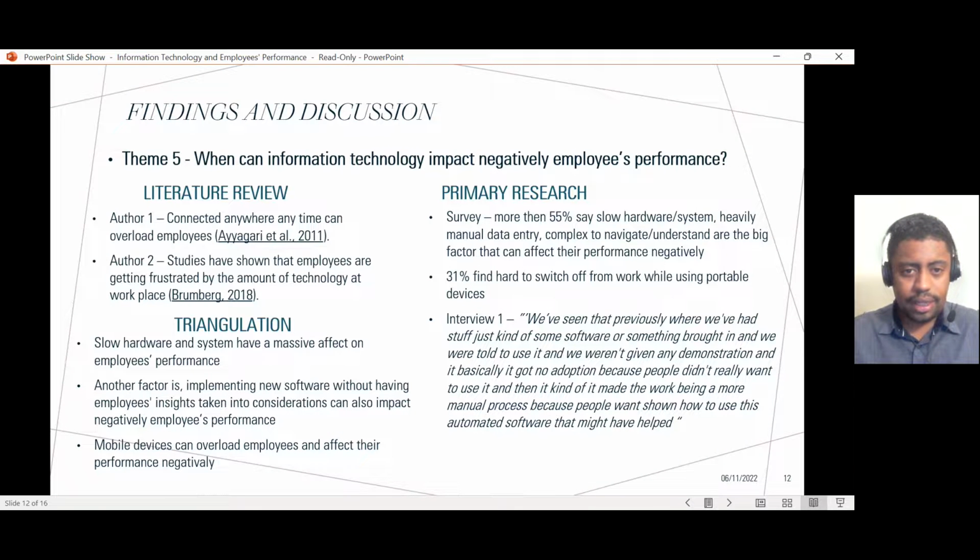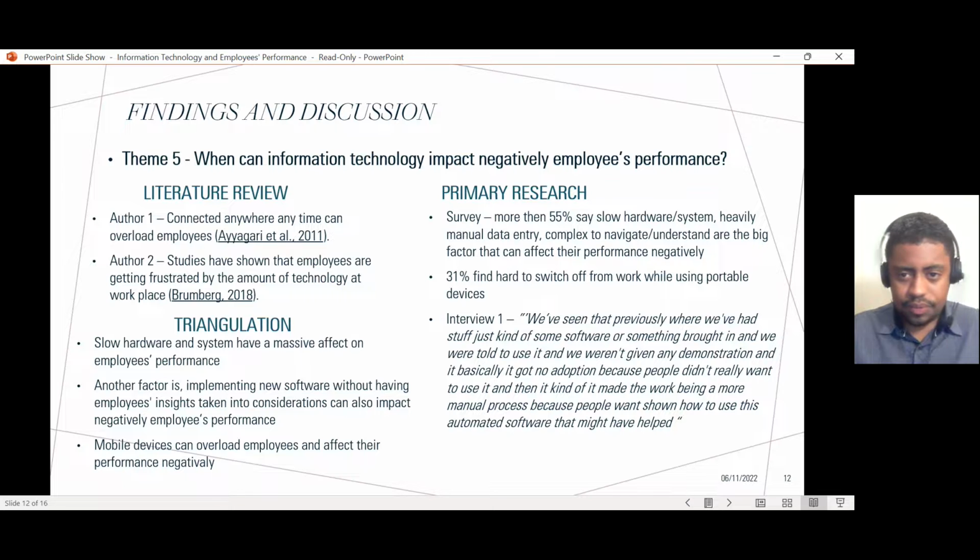Theme 5, when can information technology impact employees' performance negatively? So one thing is being connected anywhere, anytime can overload employees. And other studies have shown that employees are getting frustrated by the amount of technology at the workplace.